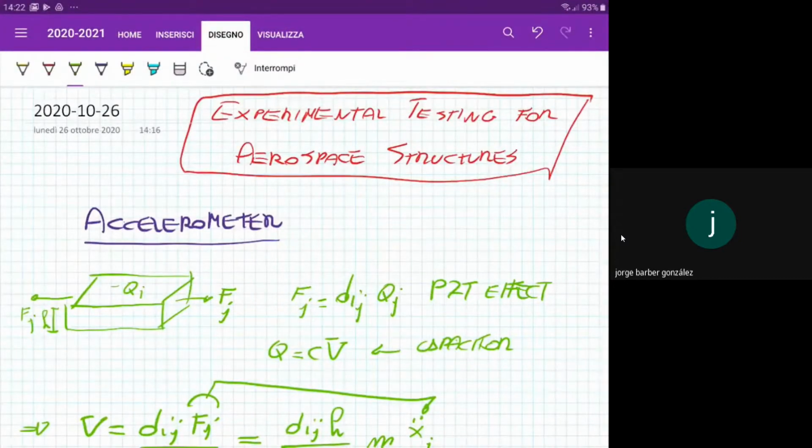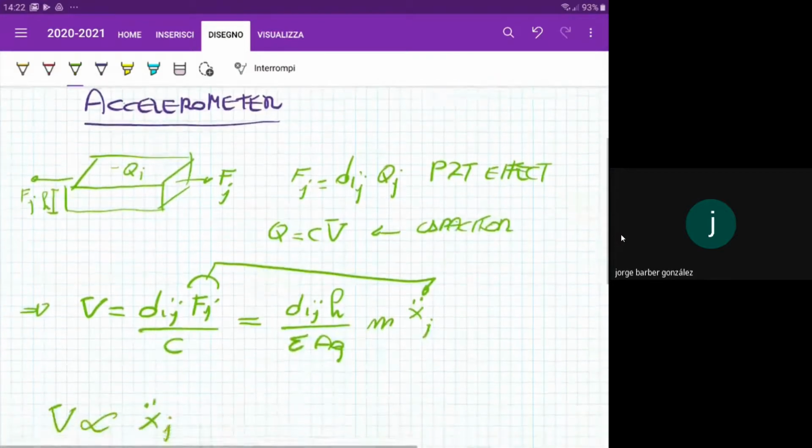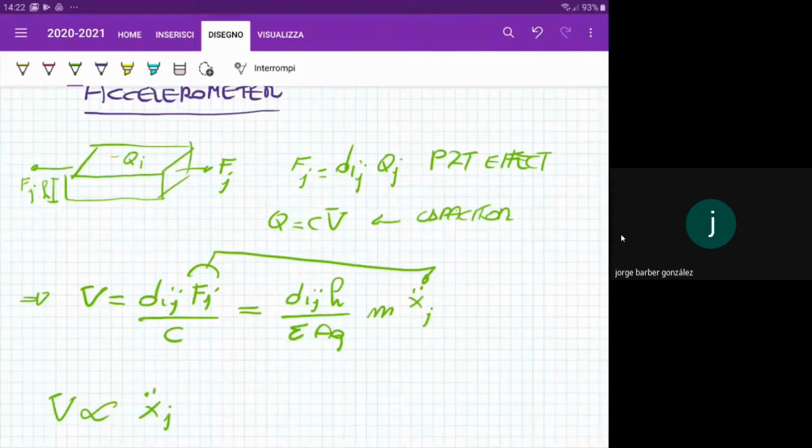So let's start our analysis that we partially started last Friday regarding the accelerometers and their working principle and how we can use them. Remember, we start our analysis by emphasizing the PZT effect. That is, once we got the piezoelectric crystal, it is possible to stress this crystal so that we can have a sort of generation of electrical charges corresponding to a given plane when the PZT is excited by an external force.